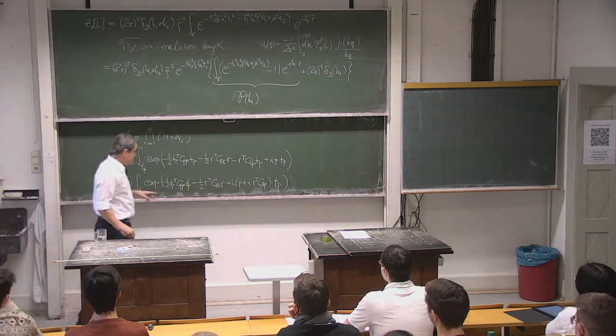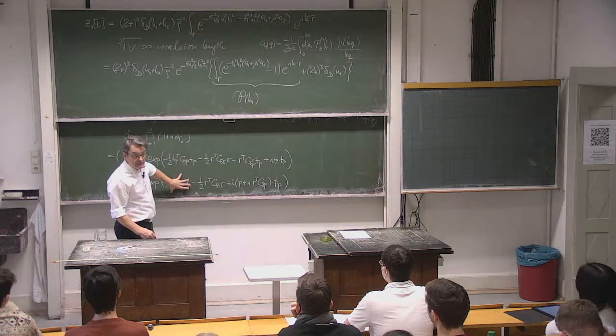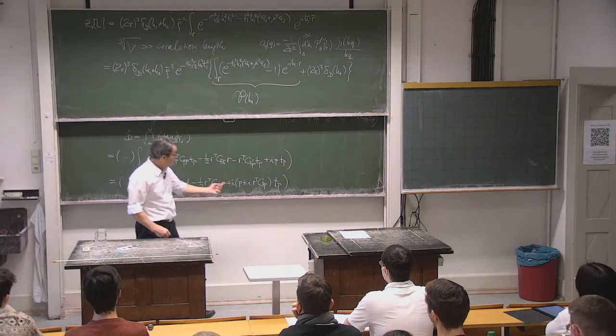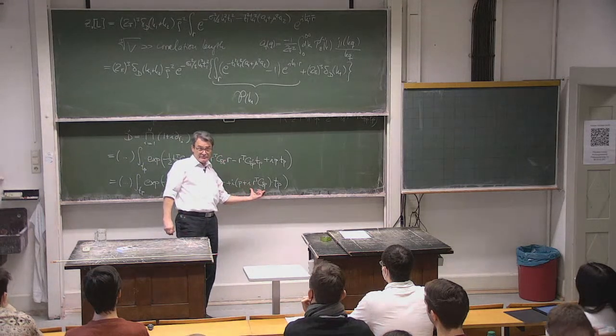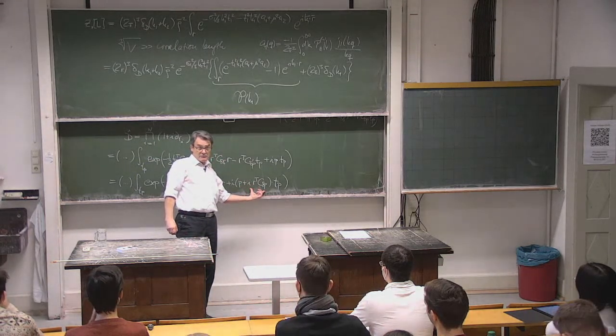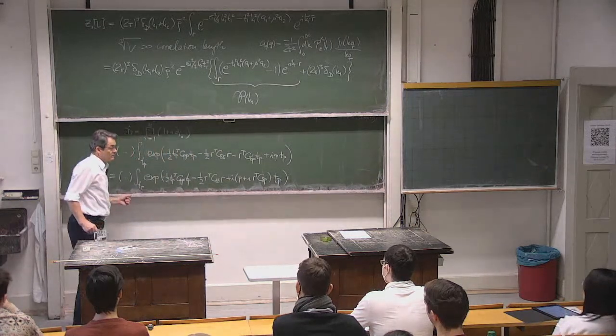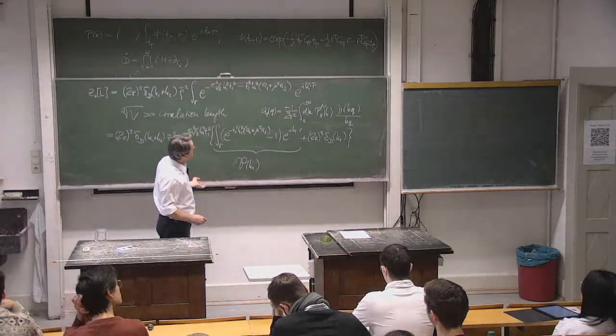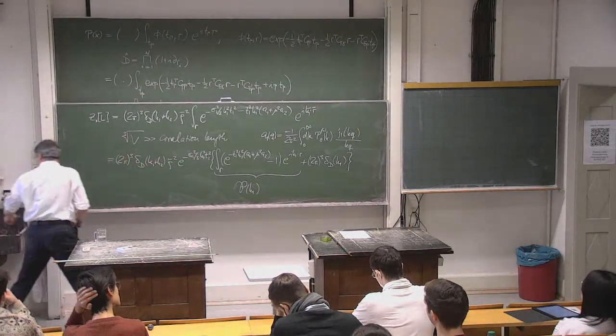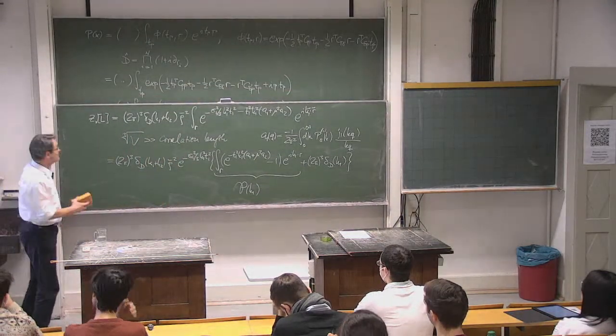And what remains is a Gaussian Fourier transformed with this piece here acting as a wave vector. So of course we get a Gaussian back.